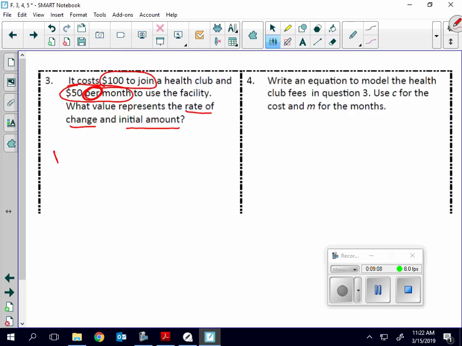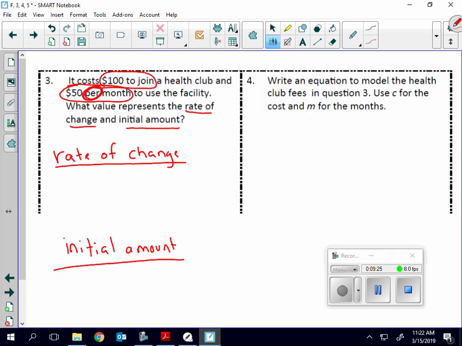So let's do the 2. We want rate of change, and then we want down here initial. Well, the rate of change, we can find it from words with that key word per. Per is a key word.